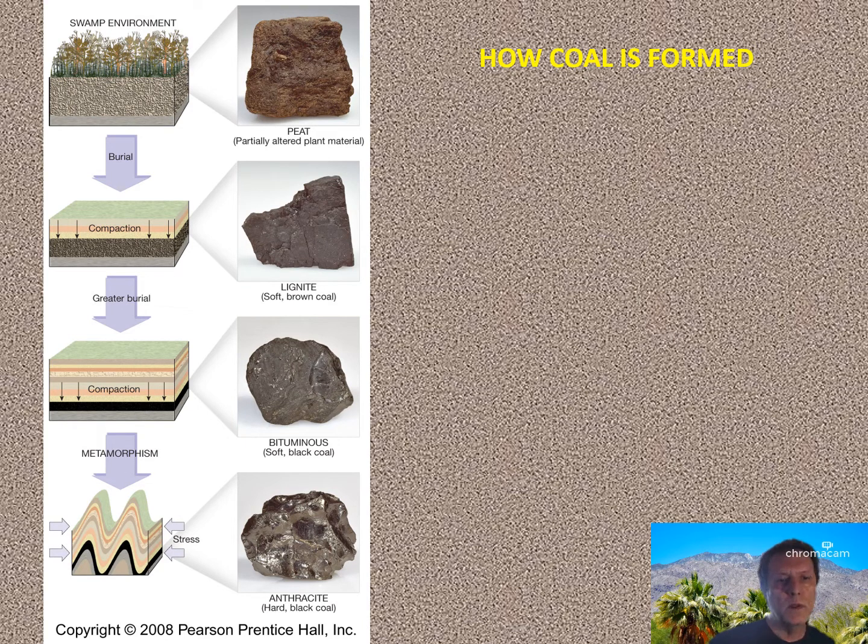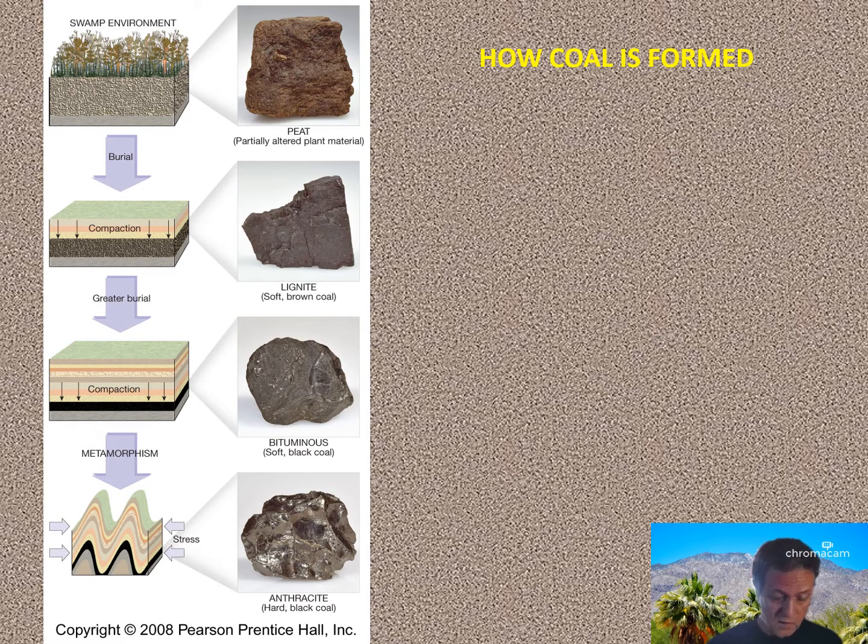If you have a swampy environment where you have a profusion of plants, water-loving plants, trees, various types of plants, they, of course, have a lifetime. They die, they decay, and they form a mat of organic rich material that we call peat. That's under very low pressure near the surface.